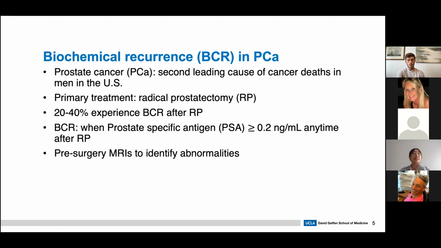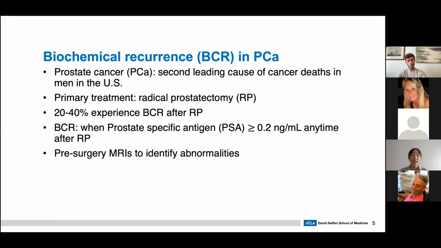So a little background in prostate cancer. It's the second leading cause of cancer death in men in the US. And the primary treatment is the radical prostatectomy, where the surgeons take out the prostate from the patient. However, a great amount of those patients experience what's called biochemical recurrence, which is defined by a biomarker called prostate-specific antigen.